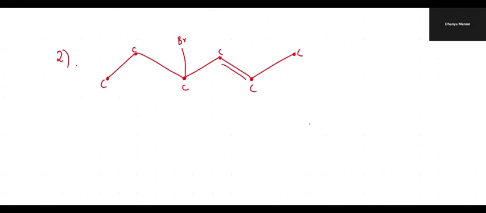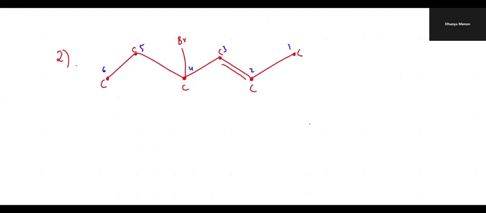Right. Now, coming to numbering, we choose the longest chain. This is the longest chain. And the numbering, if we do the numbering from here, 1, 2, 3, 4, 5, 6.